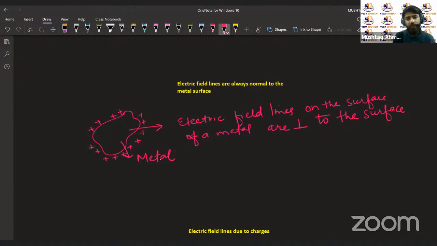If this is a positively charged conductor, the electric field lines will originate from this conductor and terminate at infinity. But these electric field lines are going to be normal to the surface at every point. So they will be like this, and at this point it will be normal.